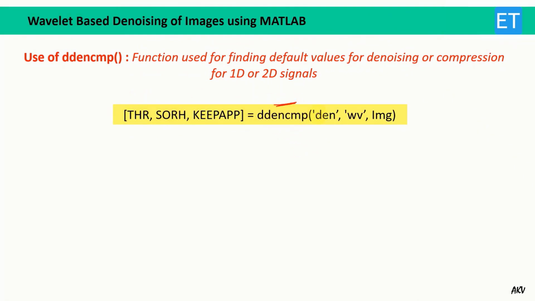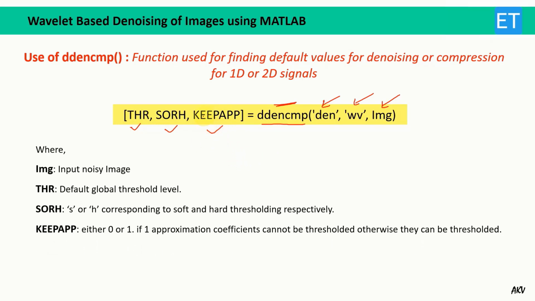So you can see that when you pass your input noisy image img and you define this den for denoising and wv for wavelet, then executing this ddencmp, you will get all these three values: THR, that means the threshold value, and S or H corresponding to soft and hard thresholding, and keepapp, whether the approximation coefficient should be thresholded or not. So this is the basic syntax, and these are the explanation of these attributes.